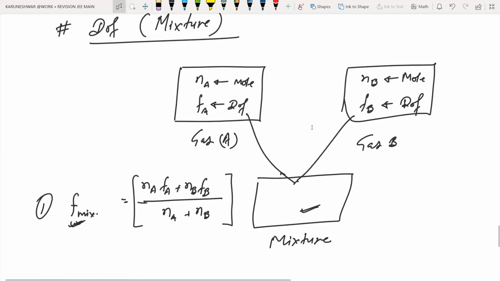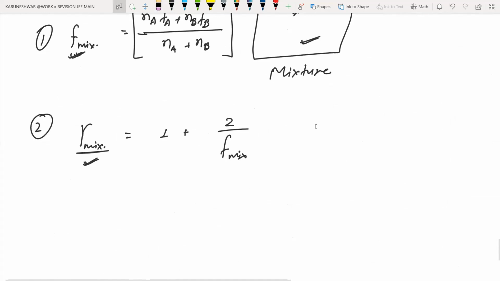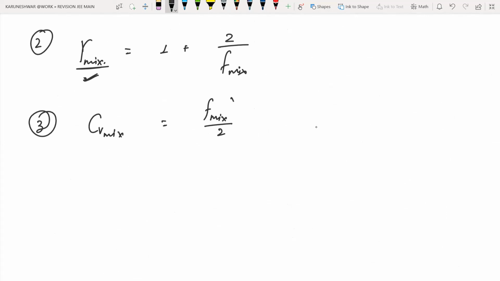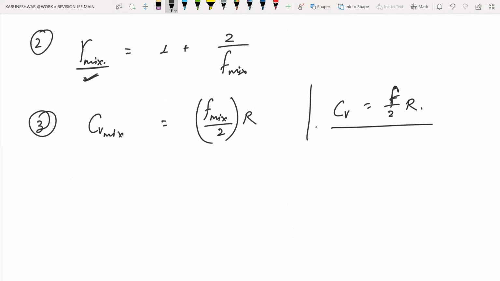So next, after gamma mixture and F mixture, we have CV mixture, the third one. How can you find CV mixture? In terms of F mixture only. Normally we write CV in terms of degree of freedom as F divided by 2 times R. But here we are looking for the mixture, so F mixture will be there.